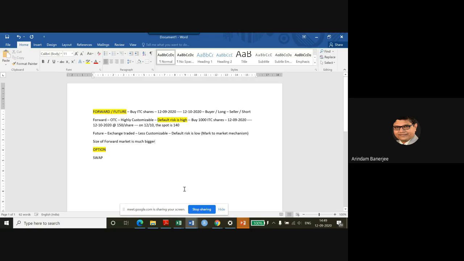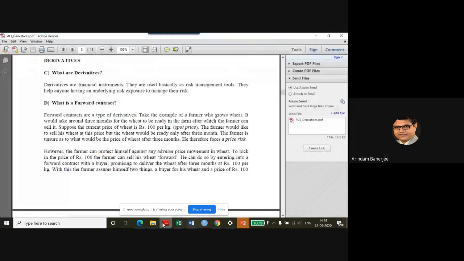So this is forward and future. Now we can go through a little bit of a formal definition. Forward contracts are a type of derivatives. Here one example is given. Take the example of a farmer who grows wheat. It would take around 3 months for the wheat to be ready in the farm, after which the farmer can sell it.